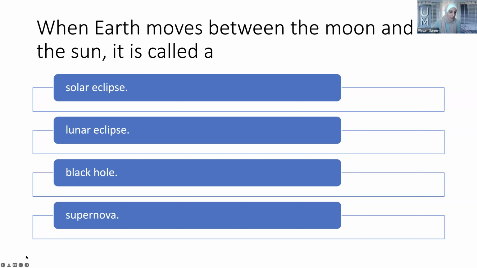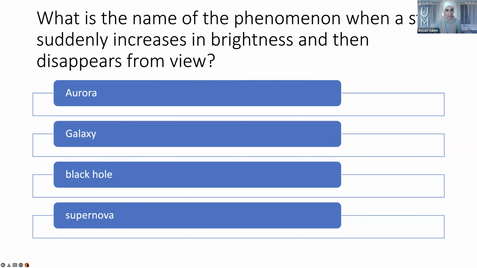The lunar eclipse is when we stop seeing the moon, because something is blocking the light from reaching the moon, which is when the Earth becomes positioned between the sun and the moon. So the correct answer is the lunar eclipse. This is one of the questions that requires that you know something about the content. Okay? All right, I want to hear from someone else.